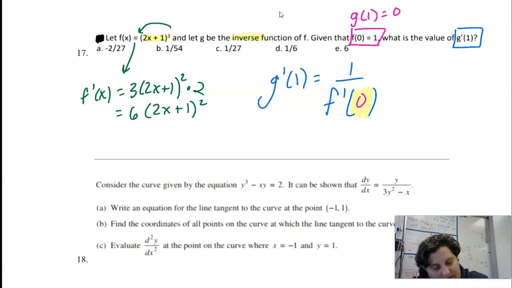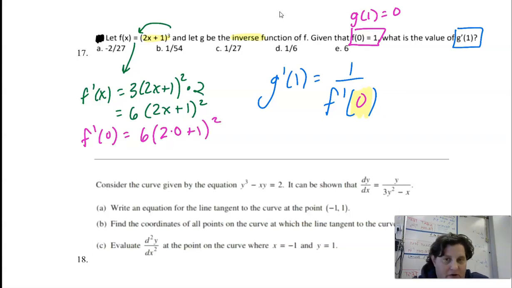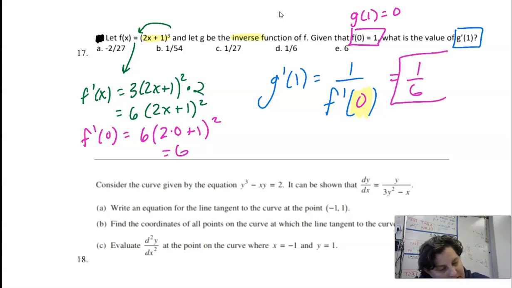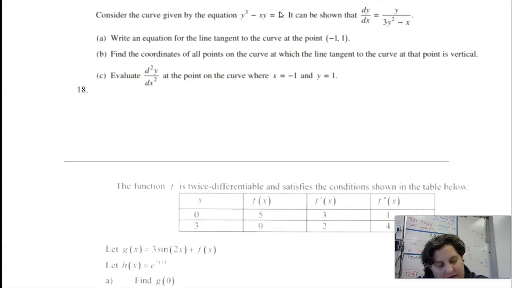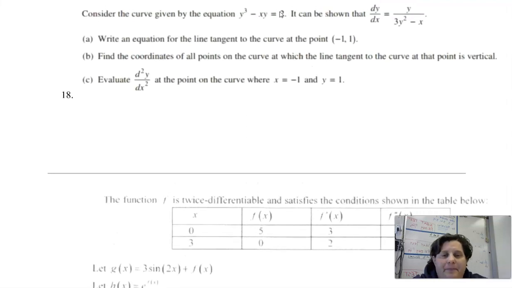If I'm trying to find f prime of 0, 2 times 0 plus 1 is 1. 1 squared is 1, so that equals 6. So my final answer is 1 over 6. All right, that was good. A lot of good inverse questions there.